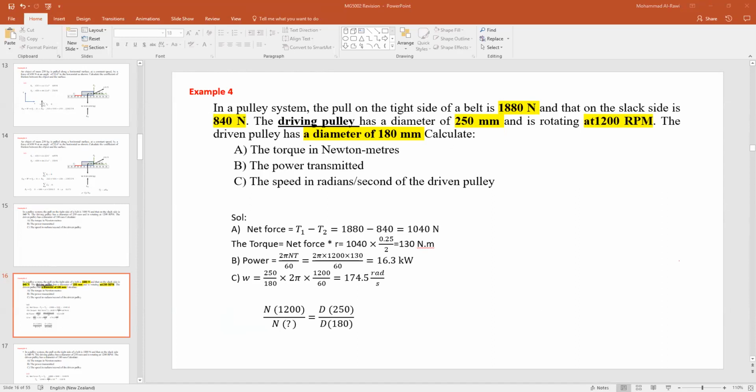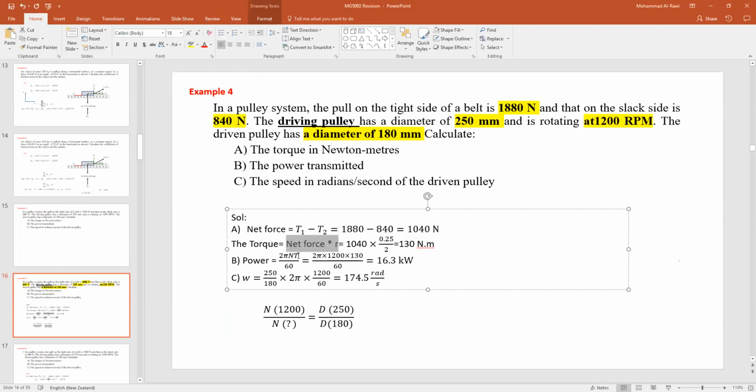I'm looking for the formula sheet here. Friction. I did it using the net force times linear velocity. Yes, you can do that. Of course, you can do that. But there is another easy way to do it. It's just the net force times the distance, that will be torque.